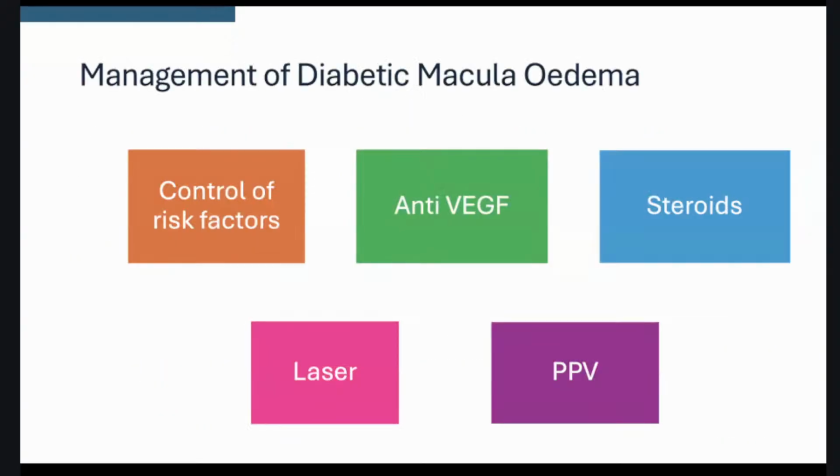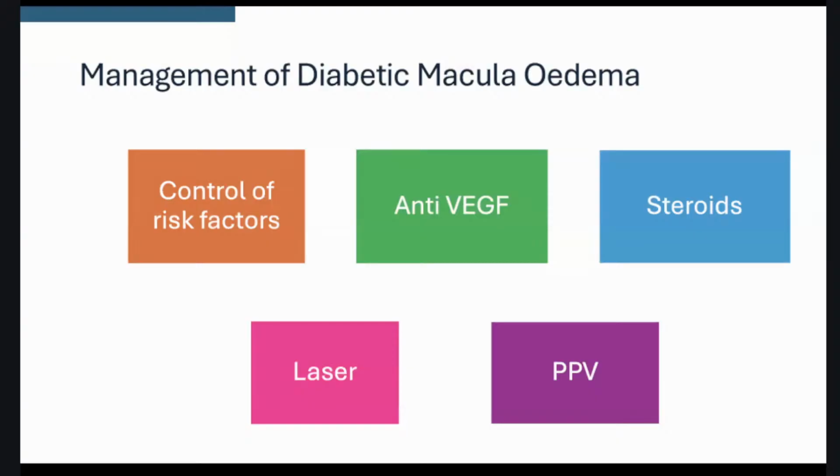And in the management of diabetic macular edema, we need to make sure that we take a holistic approach to the management of macular edema. And we need to make sure that we control the underlying risk factors. Anti-VEGFs are now first-line treatment for center-involved diabetic macular edema. Steroids are also being used frequently, and in some cases are being used as first-line.